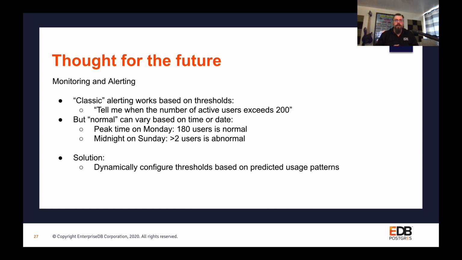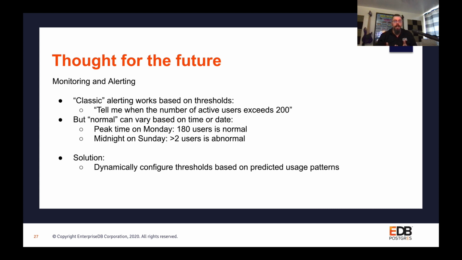But we can also use this for regular monitoring and alerting. If you think about classic alerting, systems might be configured to tell you when the number of active users exceeds 200. Well, that's great at peak times, but actually there might be something odd going on if at midnight on a Sunday there are 200 users, and you'll never know about it.